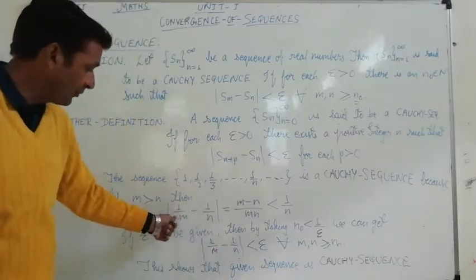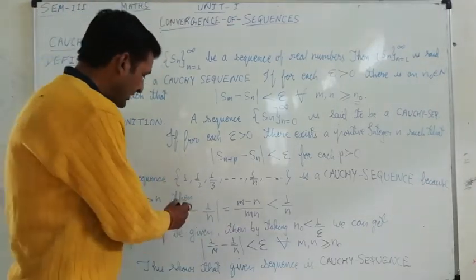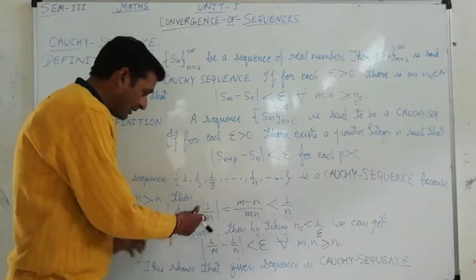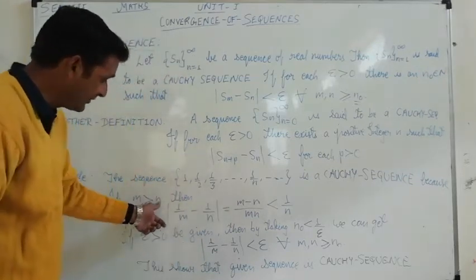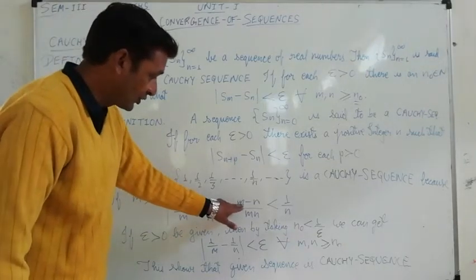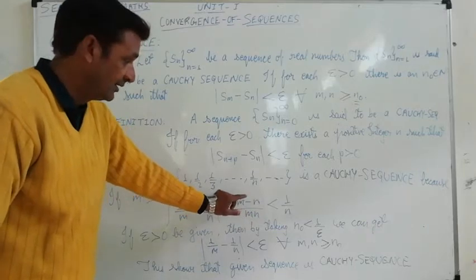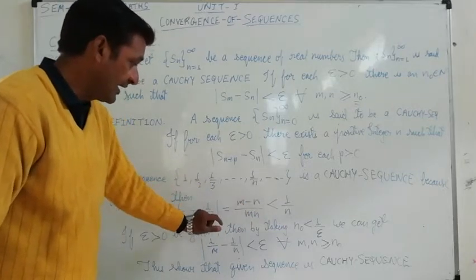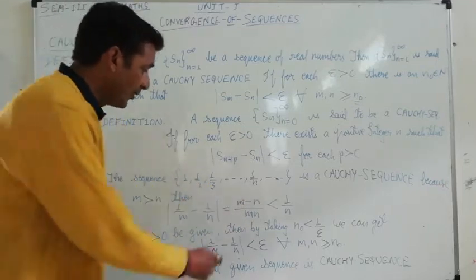So mod of 1/m minus 1/n is actually (n minus m) upon mn, but with mod there. Because we have mentioned m is greater than n, we write m minus n, with m first and n second, so this is a positive value.